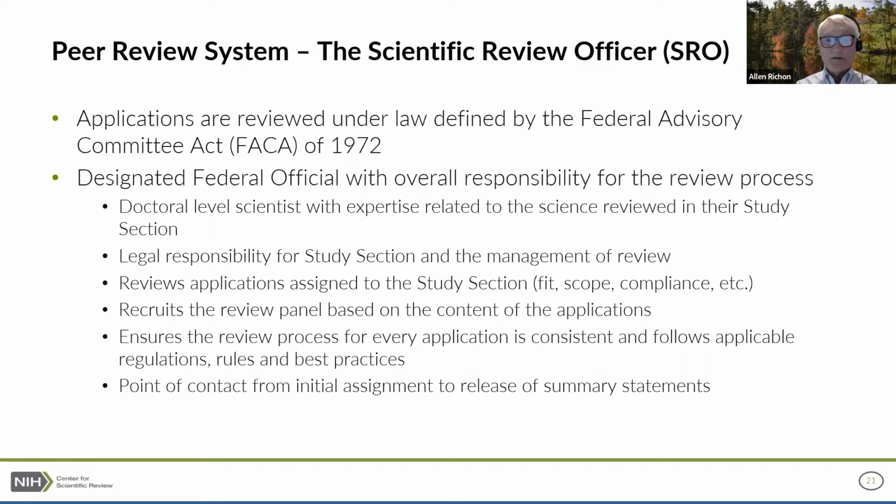We do another check in terms of compliance to make sure that applications haven't been overstuffed, that each application is complying with the rules and regulations. They're doing similar types of things. So, phase 1 is a 6-page research plan. Phase 2 is a 12-page research plan with a 12-page commercialization plan, and so on.